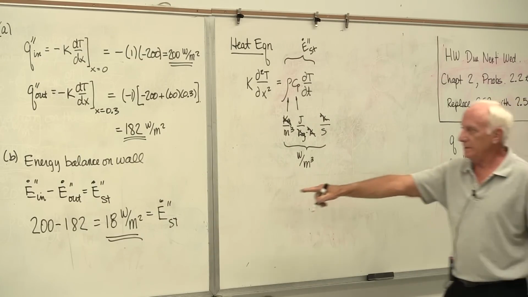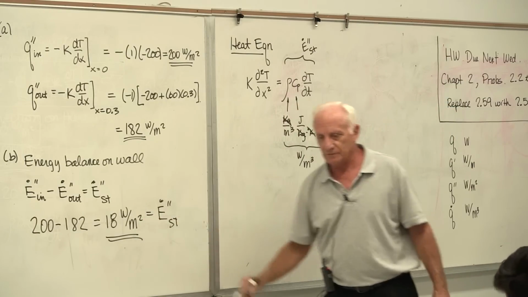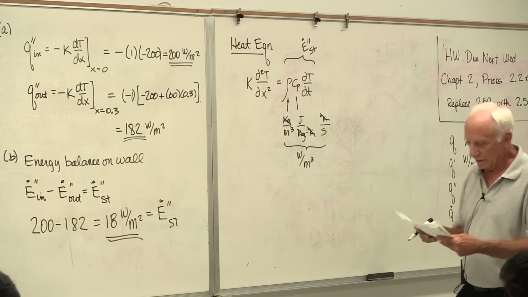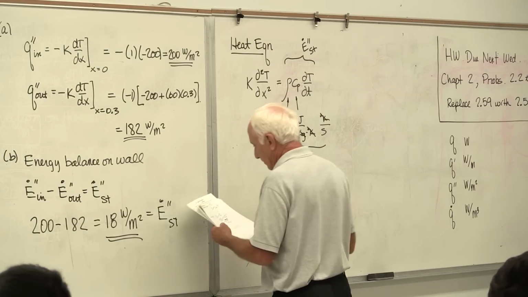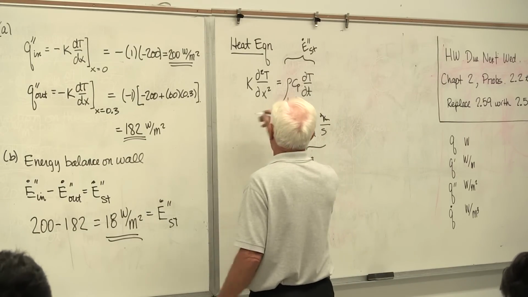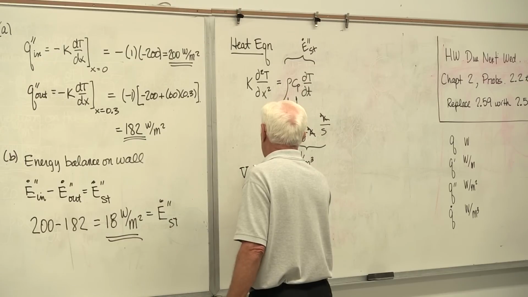But I want the answer in watts per square meter of surface area. So I'm going to multiply both sides by V over A. V is the volume.